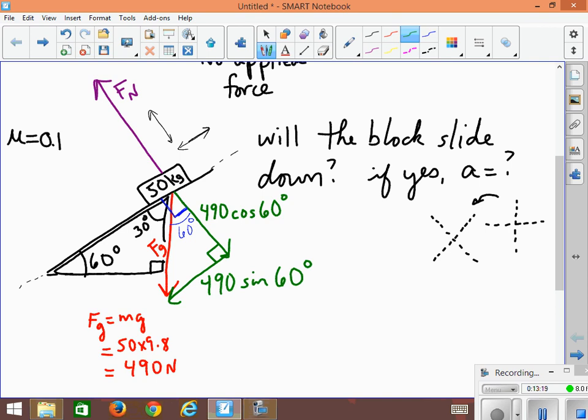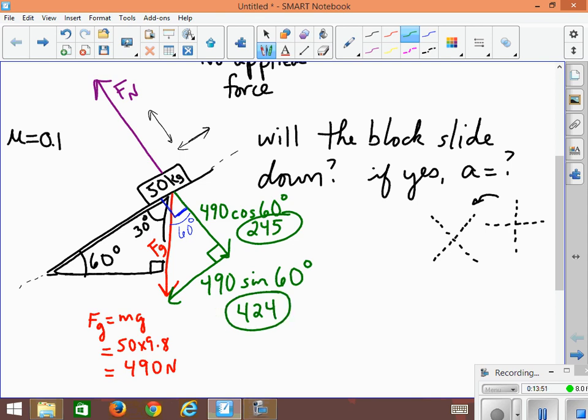Now that I've got these two lines, I can figure out these numbers because they're actually just numbers. And so if we go sine 60 is a half, no, cos 60 is a half, sorry. So this number right here would come out to 245. Circle around it. And sine 60 is about 0.87-ish. So when you multiply that by 490, you get around 424.